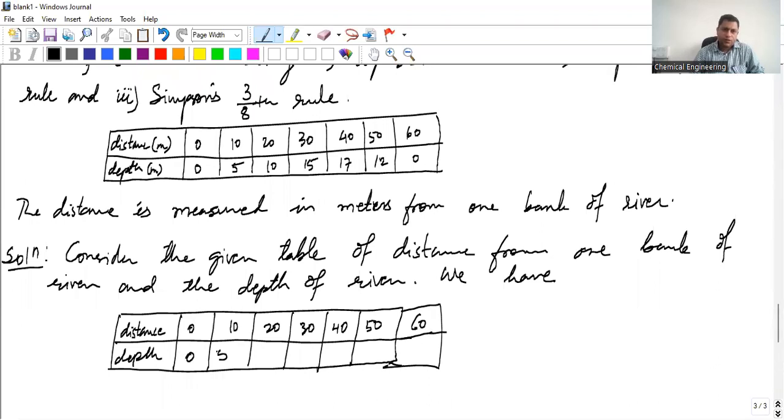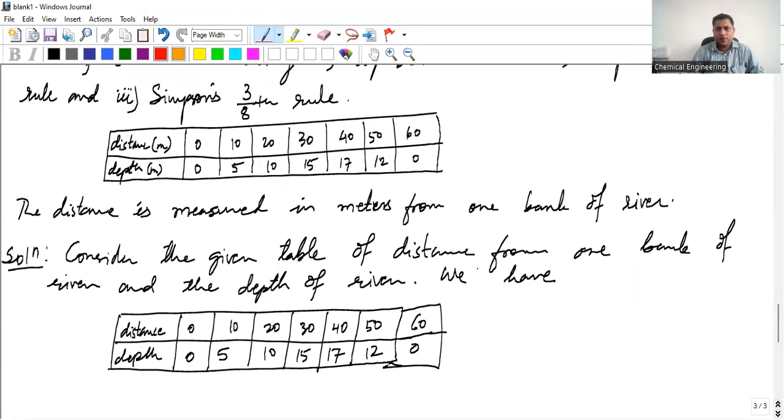Depth: 0, 5, 10, 15, 17, 12, 0. So here we have the depth and the distance.